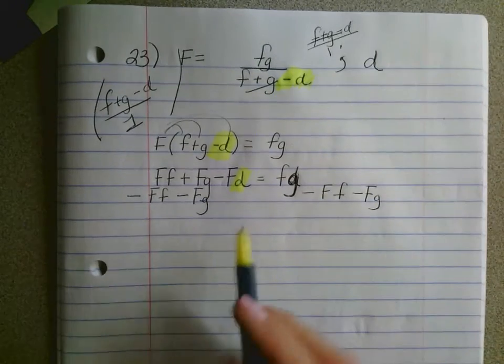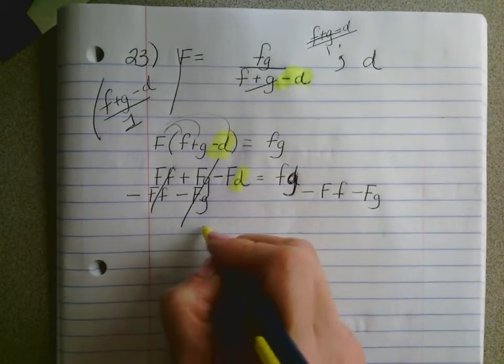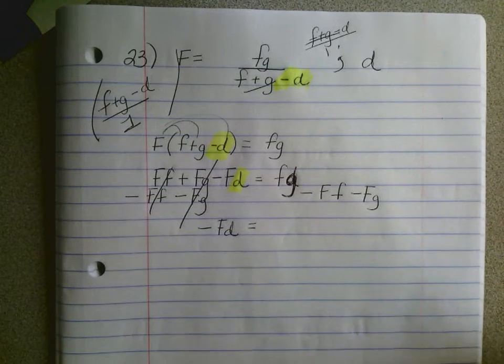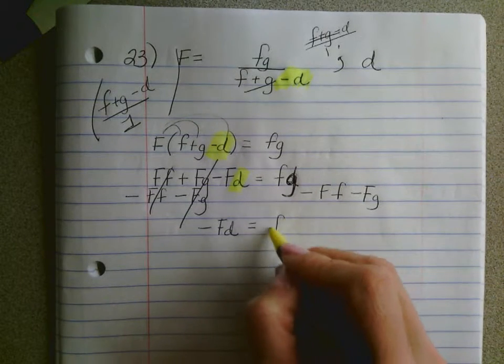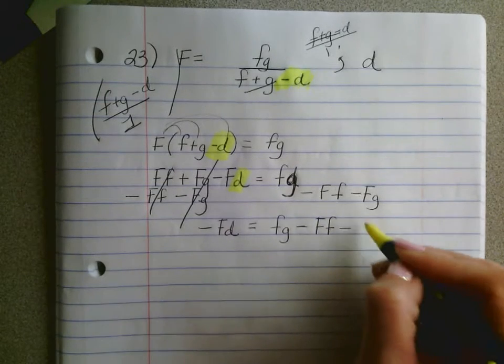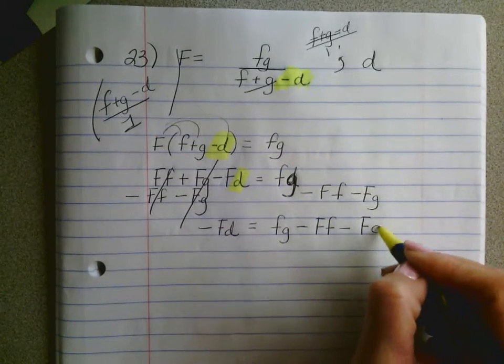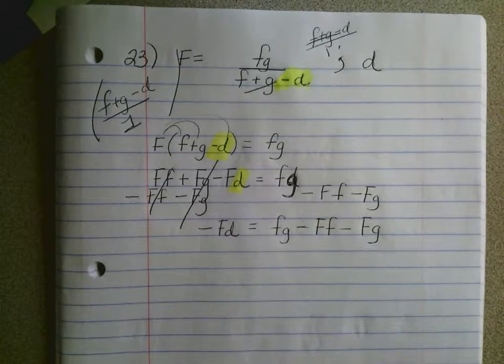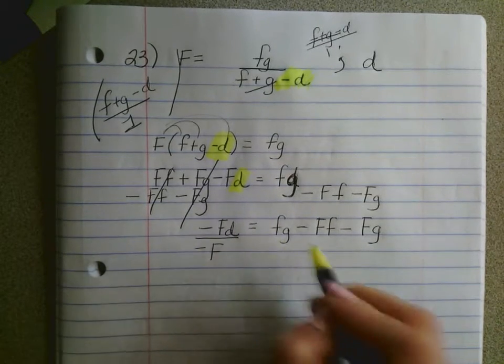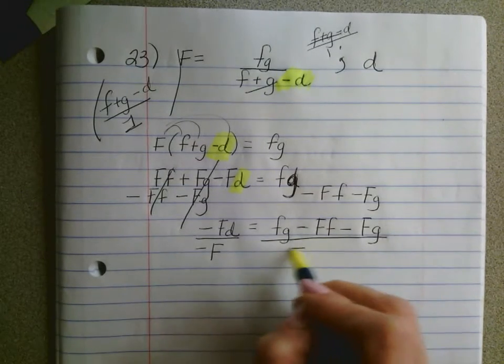So I am now left with, on the left, the negative FD. Lucky for us, we can divide out that F, is equal to FG minus FF minus FG. If I divide by a negative F, I now have my D by itself.